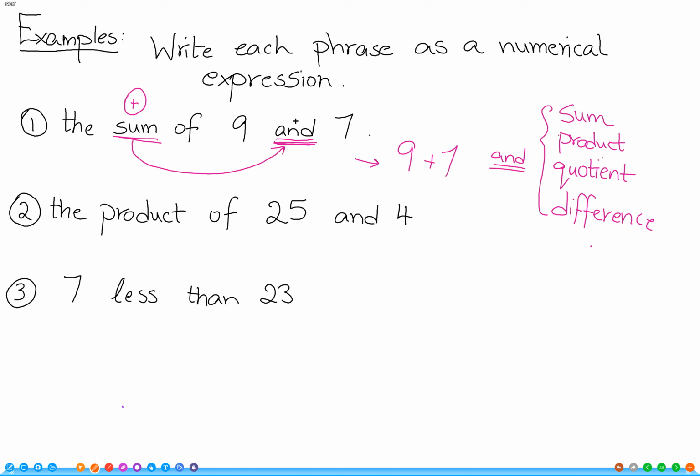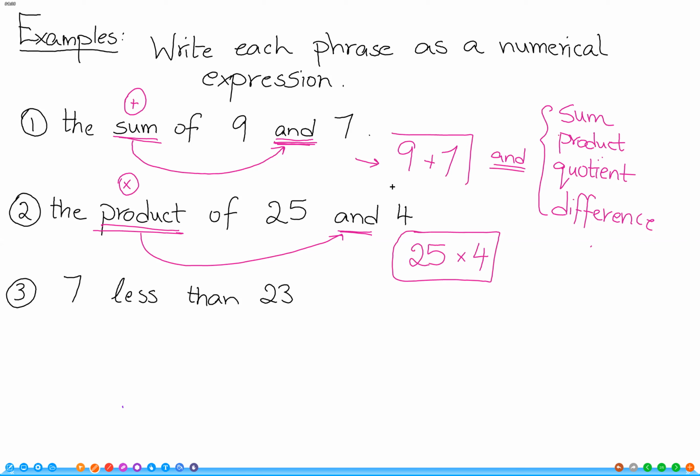Okay, another example, the product of 25 and 4. Again, we have product means multiplication, 25 and 4, the word and, we will replace it with the operation, which is multiply. So it would be 25 multiplied by 4.